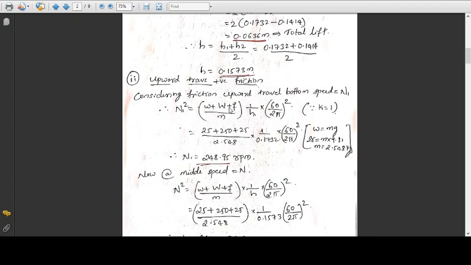If it is the lower motion, that is towards downside, at that time you need to consider the sign as negative, divided by m into 1 divided by h1 into 60 by 2 pi whole square. Here we are neglecting the 1 plus k term because k equal to 1.